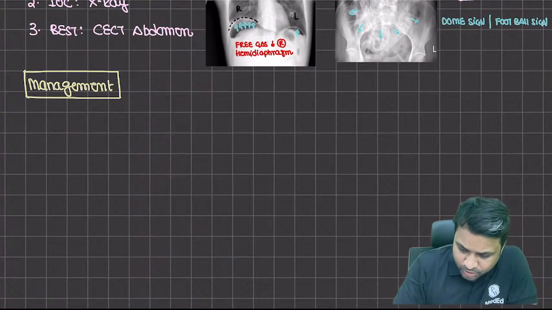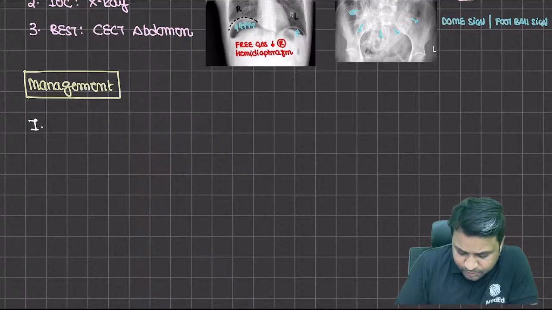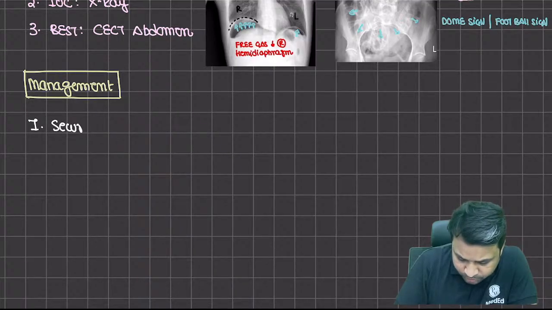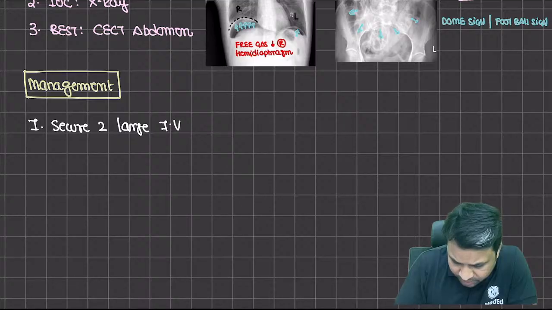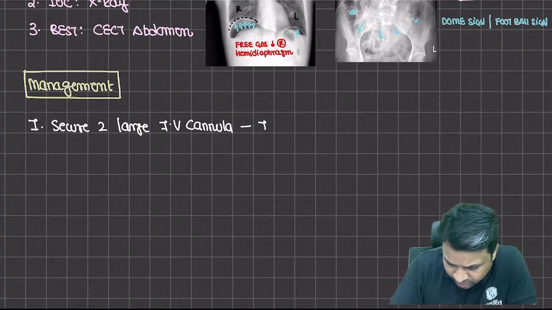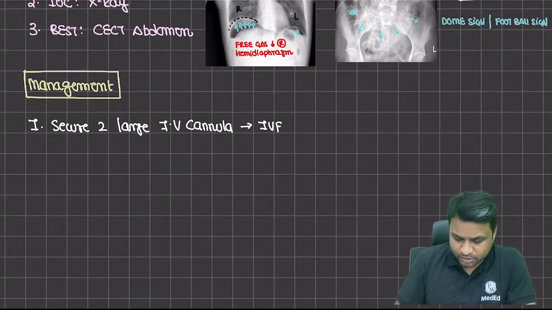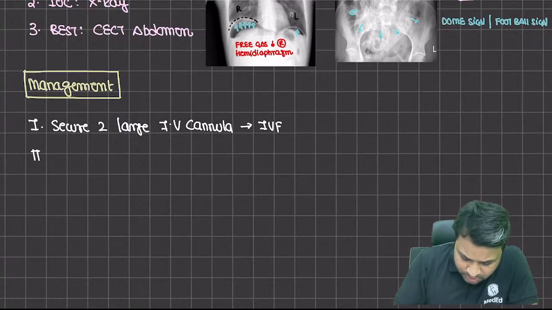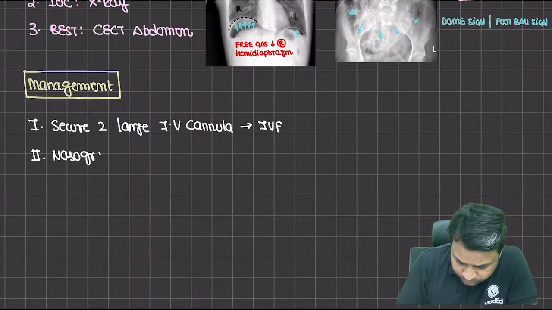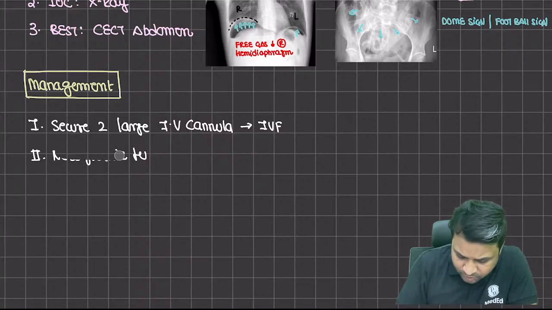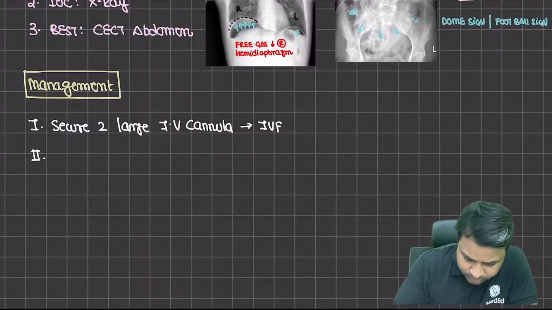The first step is to secure two large IV cannulas and start the patient on IV fluids, right? Now, once you have done this, put a nasogastric tube, that is for decompression of the stomach.